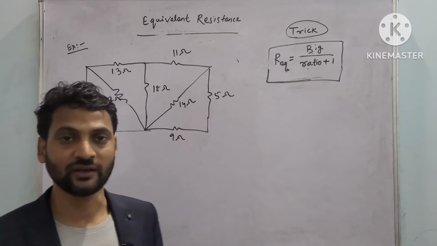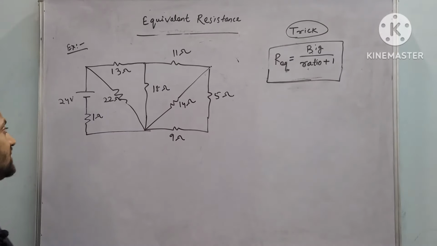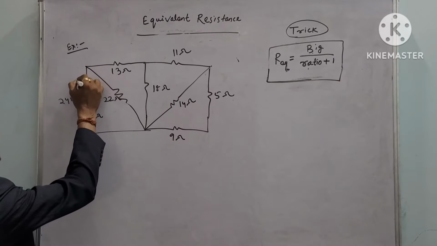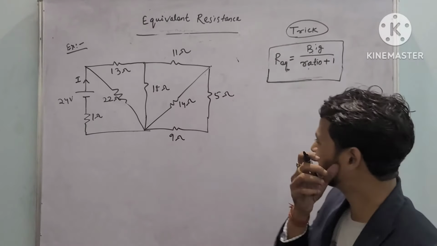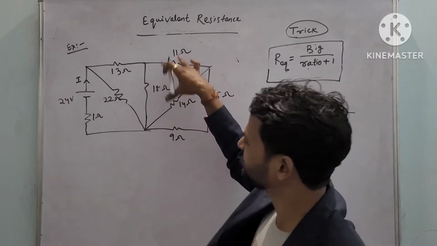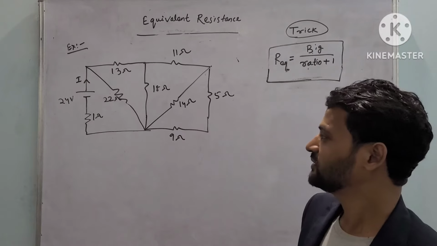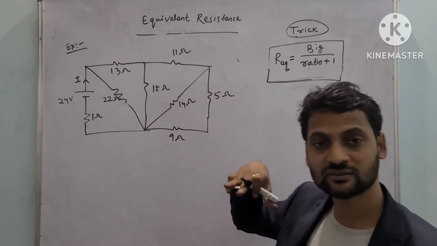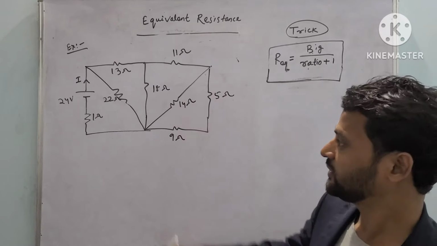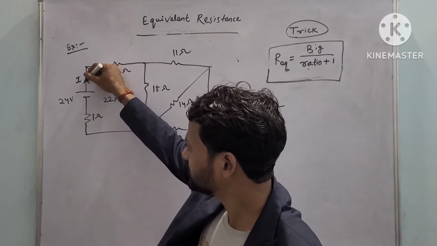So in this question we'll find out what is the supply current, what is the current flowing from the source. So in the circuit there are various resistances connected in different ways. So we have to find out what is the supply current.